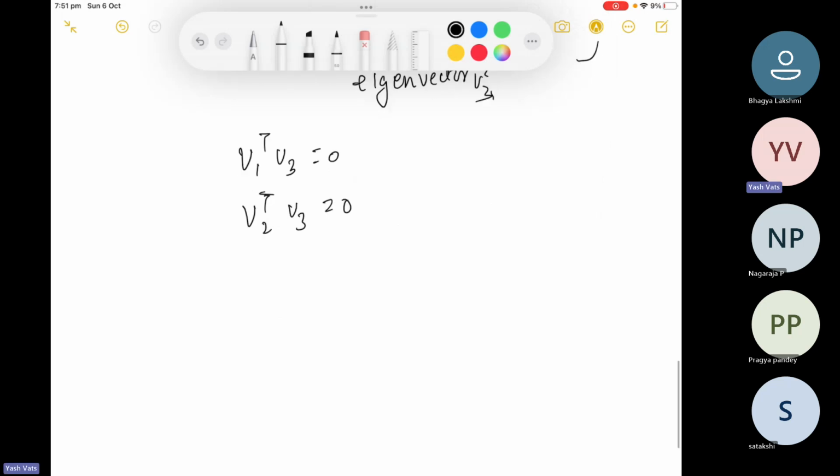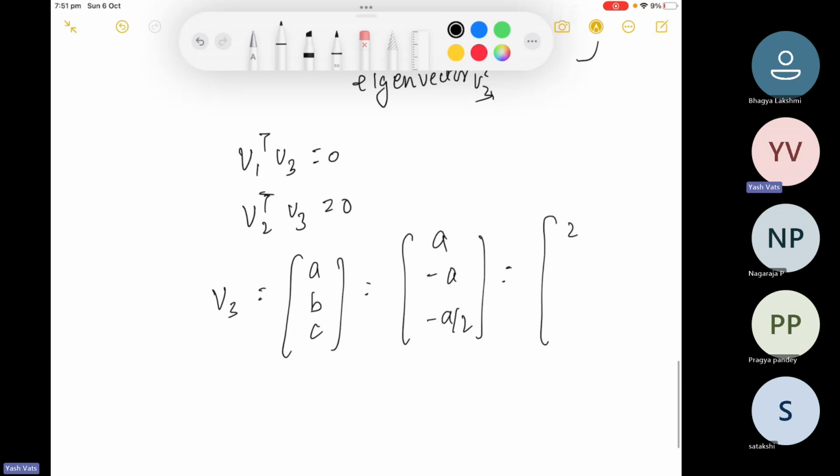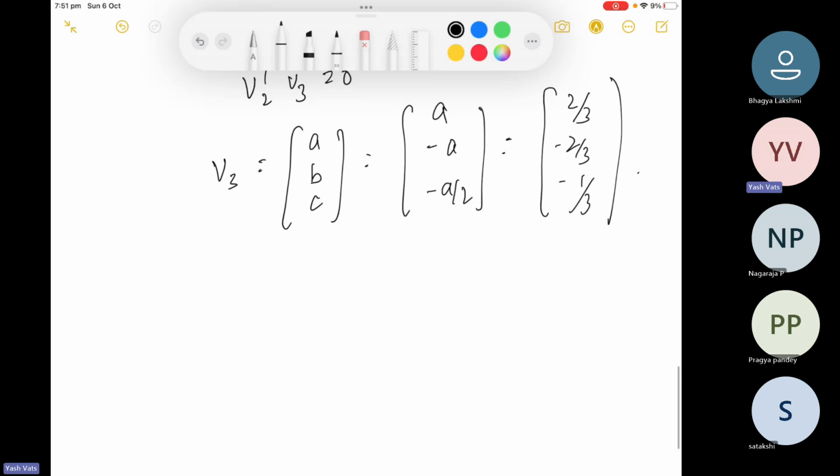That will give you v3 to be something like a, minus a, and so on. So we got this. You can choose a to be 2 by 3 and you get this.